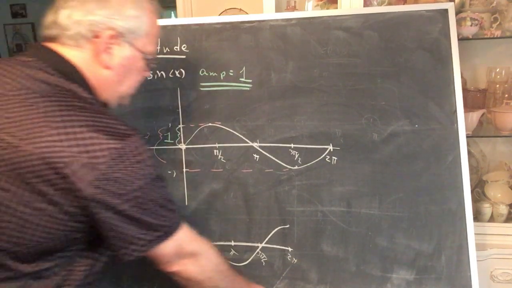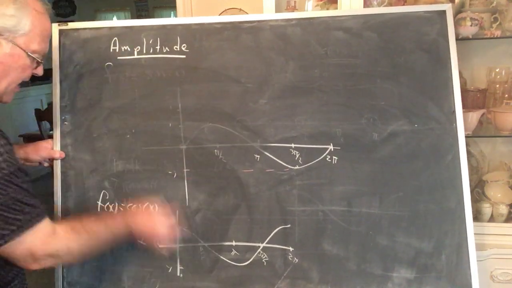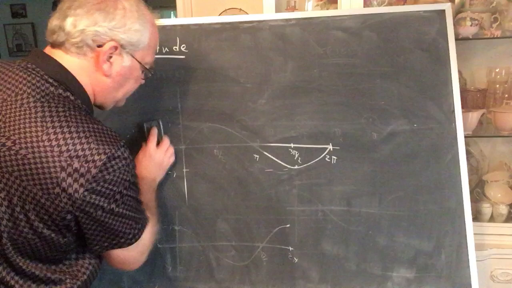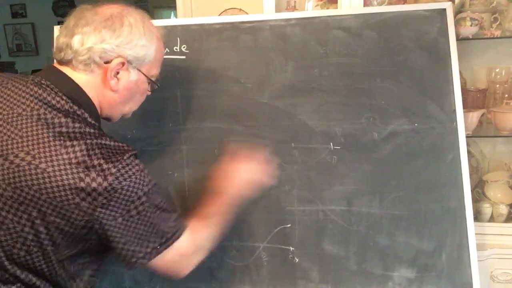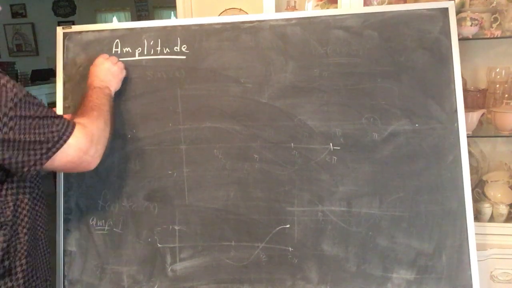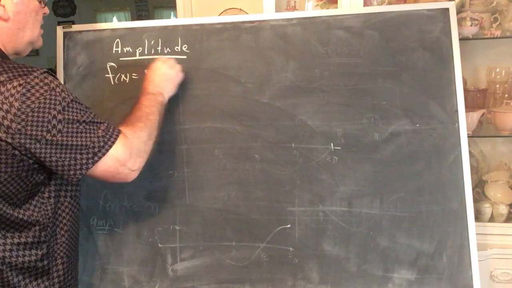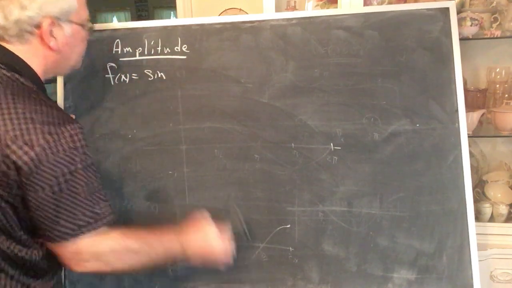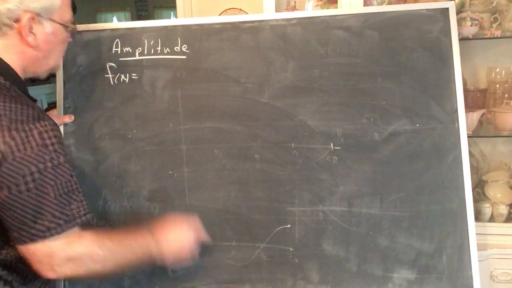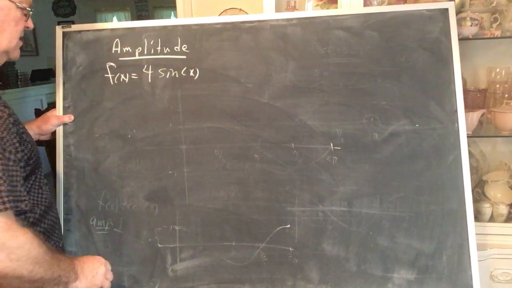Now, the amplitude of a function can change depending upon how the function itself changes. Consider the function 4 times sine of x.